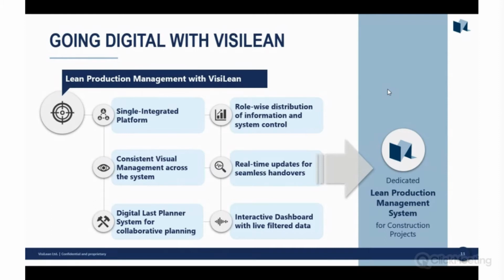And our interactive dashboard allows for constant data to come in, but very lean, specific, target-driven data that you can pick yourself what you want to see, and it allows for that continuous improvement that we always speak about when we're talking about lean production. Never settling for what you're doing at the moment. What can go better? What can we improve upon in the future?